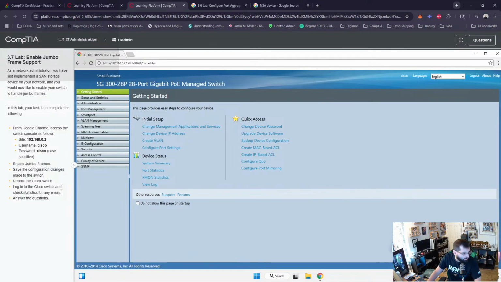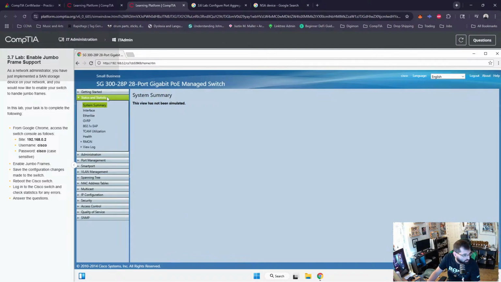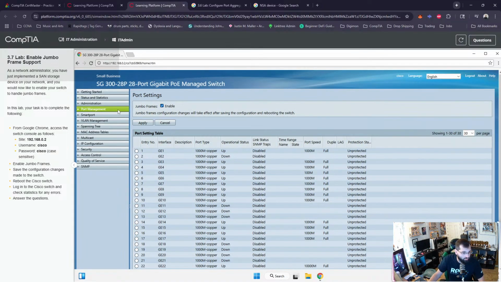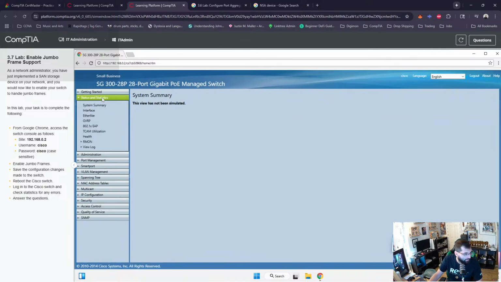And then we need to log into Cisco and check the status for any errors. Shouldn't be any errors. How do we check it for errors? Log into the Cisco switch and check statistics for any errors. Here.